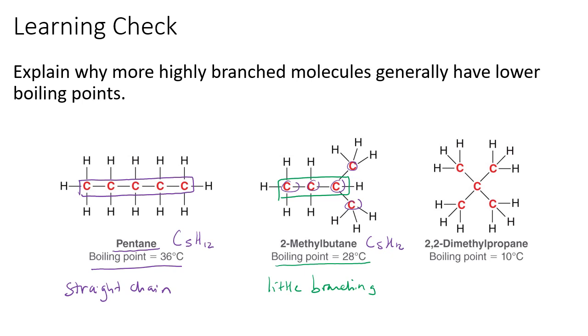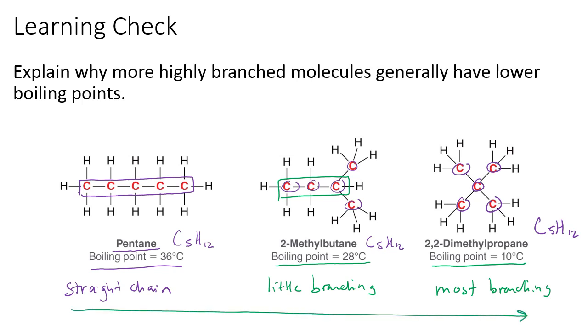So now looking at the one on the far right, 2,2-dimethylpropane. In this molecule, we have 1, 2, 3, 4, 5 carbons, and we also have the same number of hydrogens, so C5H12. The boiling point has decreased even further down to 10 degrees Celsius. So this one in our example would have the most branching, or the lowest surface area.